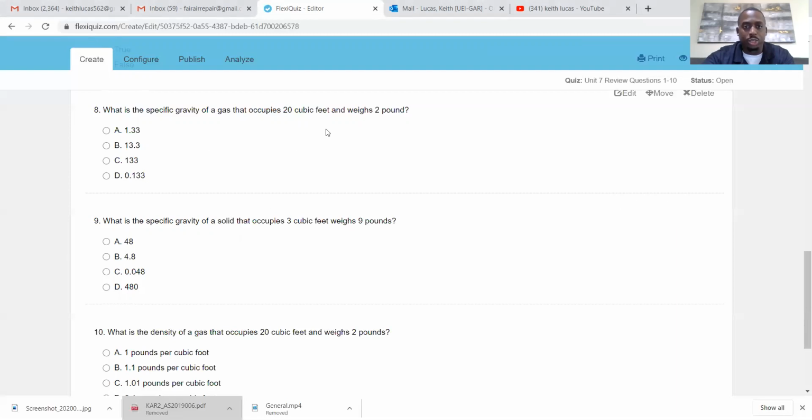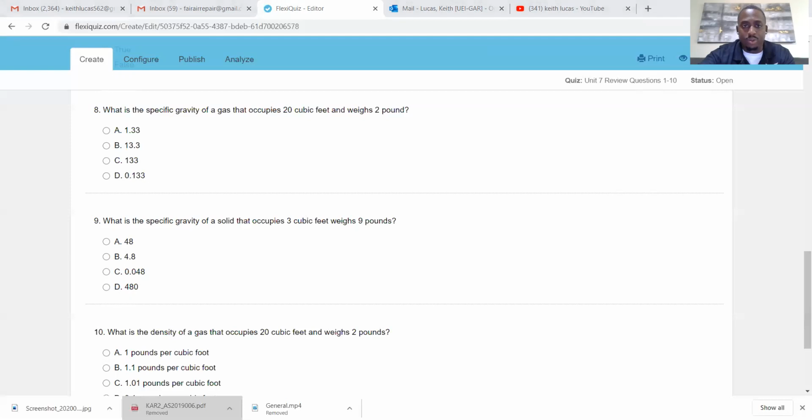The weight is 2 pounds. The volume is 20 cubic feet. So pull out my calculator here. 2 divided by 20 gives us 0.1. So now we have the density of this gas. The gas that they're asking about has a density of 0.1, and we're trying to find specific gravity.